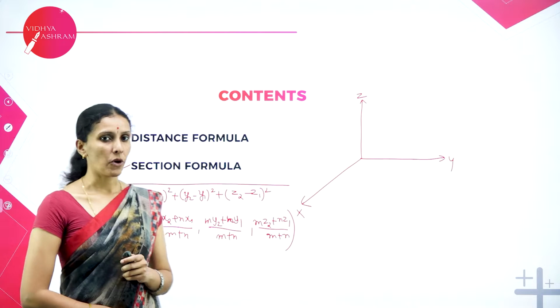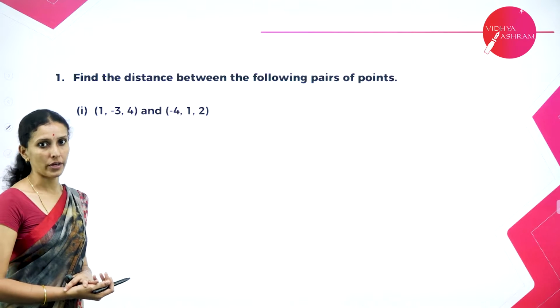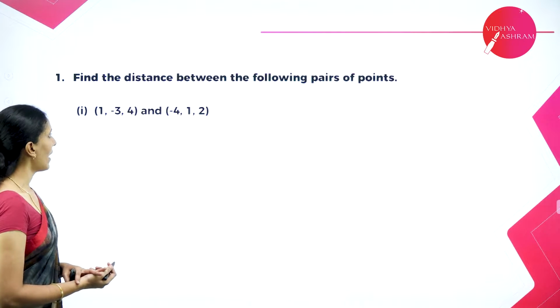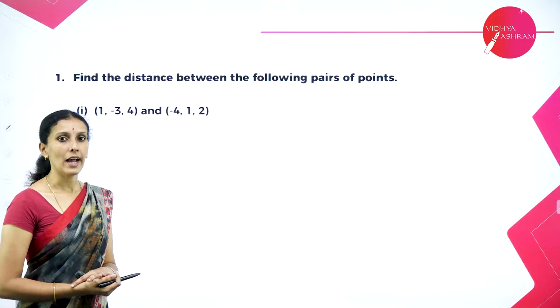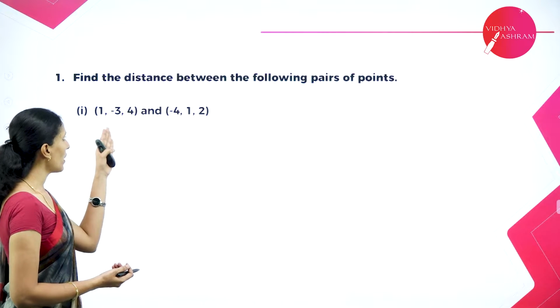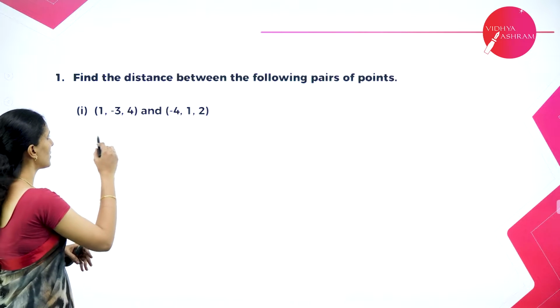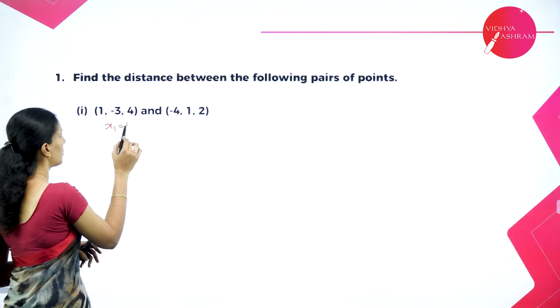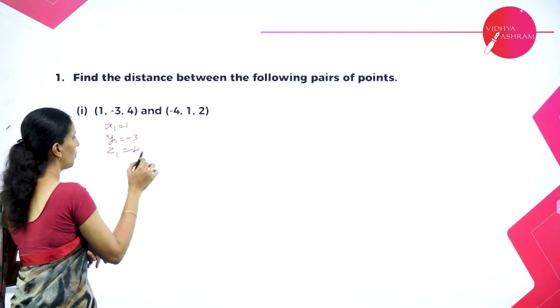Now let's look at the problems now. Find the distance between the following pairs of points. So we have the points 1, -3, 4 and -4, 1, 2. Let's take this as x1, y1, z1, x2, y2, z2. Look at the coordinates now. So we have x1 is equal to 1, y1 is equal to -3, z1 is equal to 4.